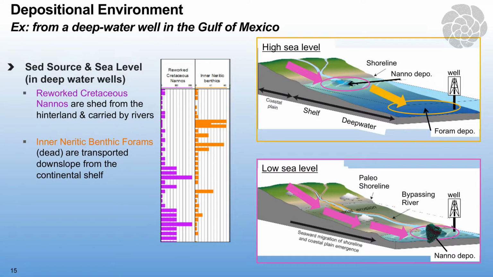In times of high sea level, the river is dumping out farther upshore, but now the shelf is susceptible to sediment shedding downslope into the deep water. So that was the idea. It seemed to work.